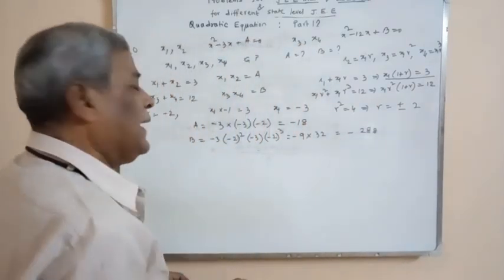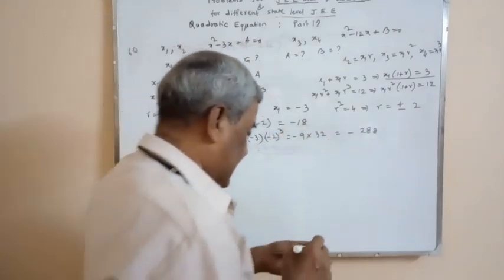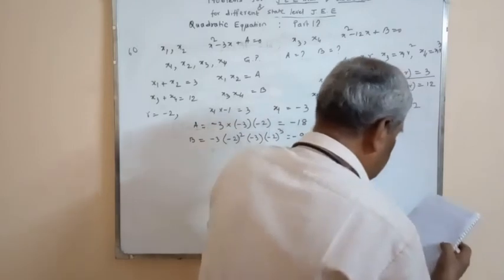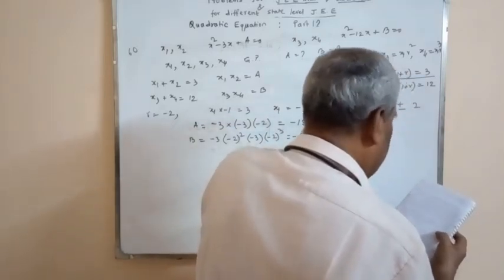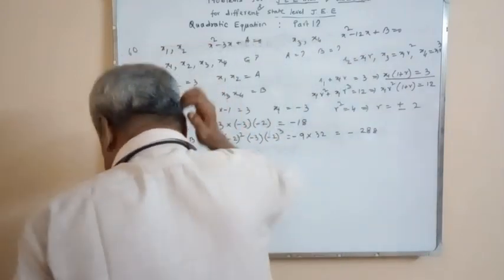So another set of values of A and B is minus 18 and minus 288. So we get our answer.